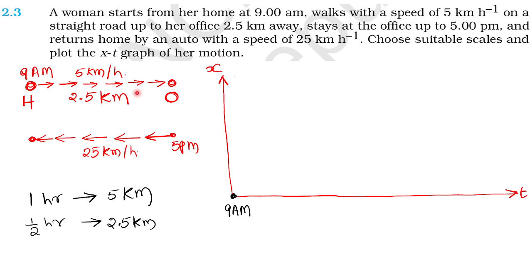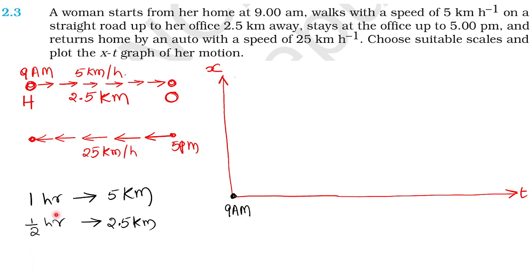It's very simple. 5 kilometers per hour means that in 1 hour she can travel 5 kilometers. The distance is 2.5, which is half of 5, so she needs 30 minutes.